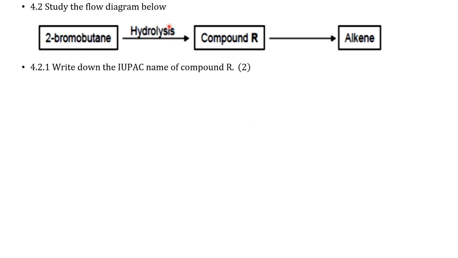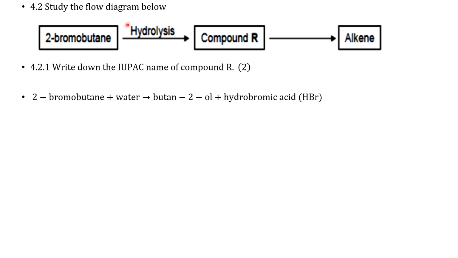4.2, study the flow diagram below. 4.2.1, they want the IUPAC name of compound R. I have 2-bromobutane undergoing hydrolysis to form compound R. For hydrolysis, we say 2-bromobutane plus water forms butan-2-ol plus hydrobromic acid.